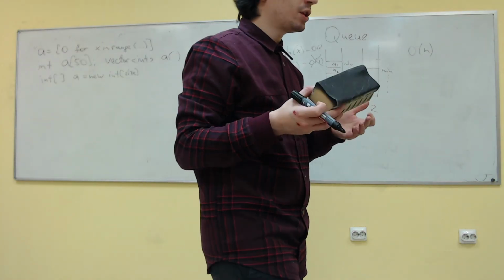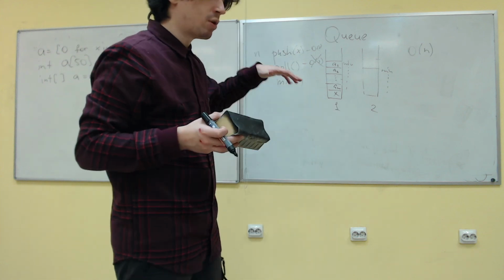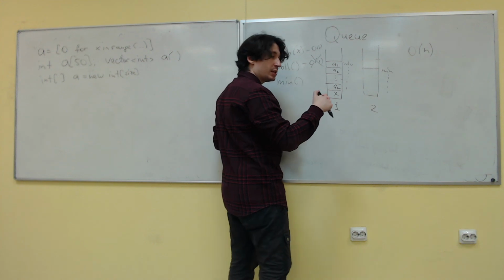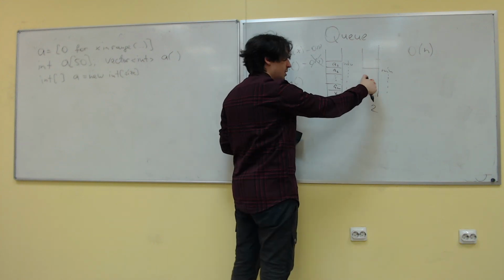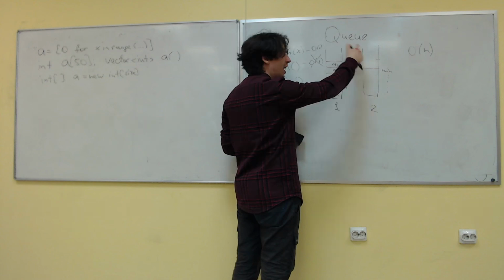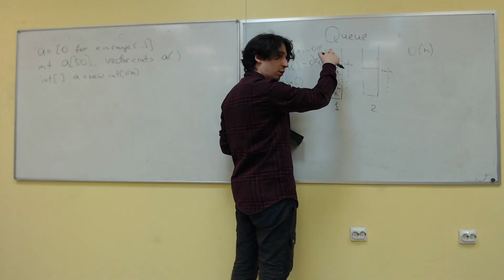Here we can use the same trick as for the people who are standing in the row. Each element is once put into the second stack, once withdrawn, once put in the first stack, and then once withdrawn.